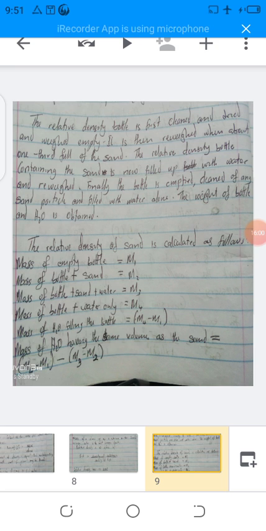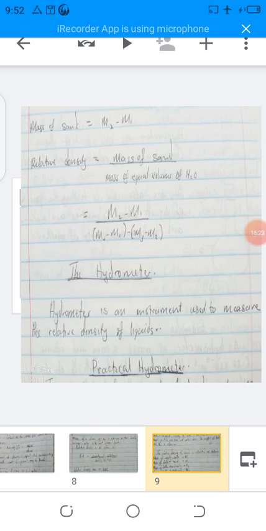So the mass of water filling the bottle will be M4 minus M1, which is the mass of the bottle plus water minus the mass of the bottle only. So the mass of water having the same volume as the sand is equal to (M4 minus M1) minus (M3 minus M2).